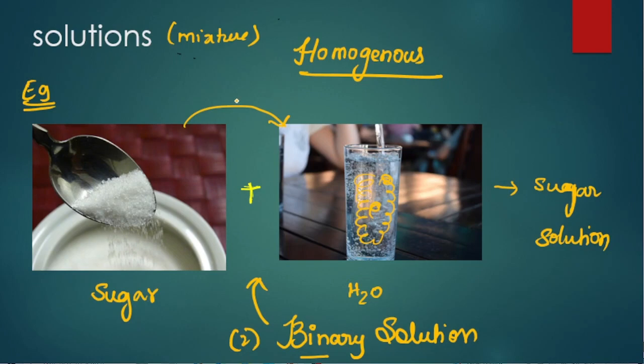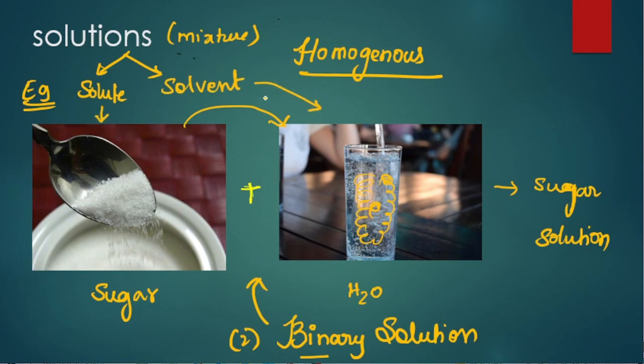Now, solutions are made up of two categories. One is called the solute, and another is called the solvent. So solute plus solvent gives a solution. Tell me, what is the solute over here? Solute is sugar and solvent is water.